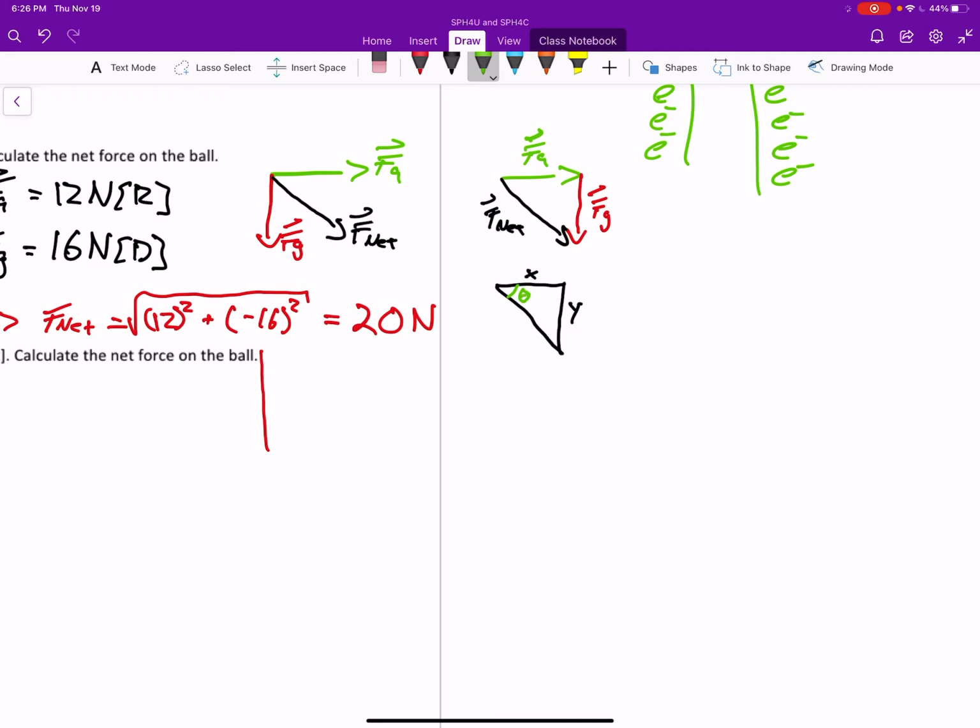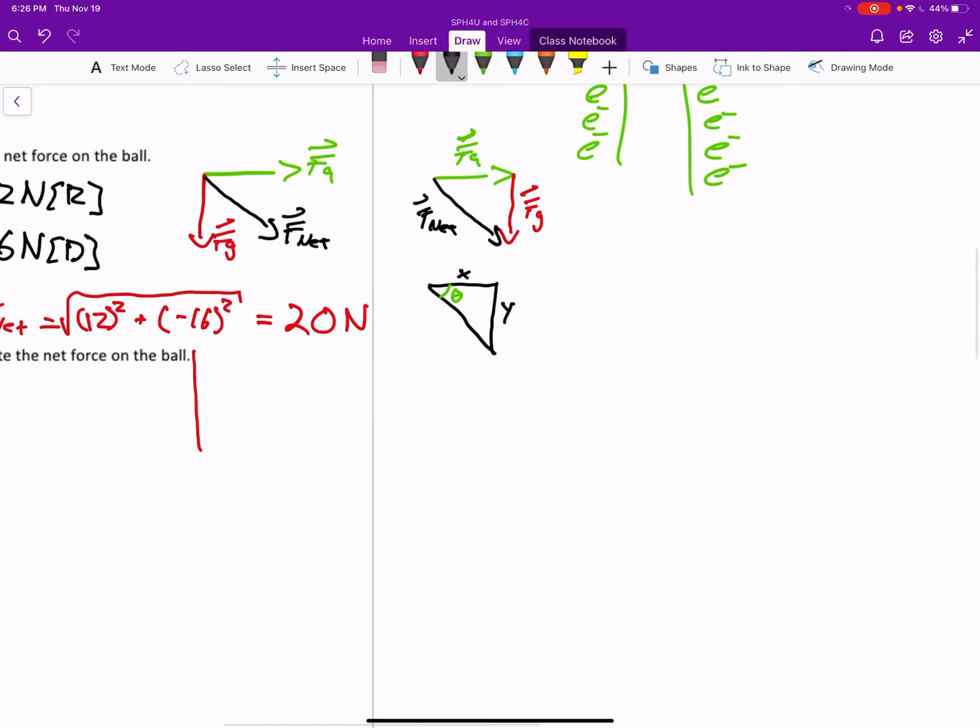So then that means that the tangent of theta will be equal to the opposite over the adjacent. So in this case, the opposite is the force of gravity, and then the adjacent is the applied force, right?